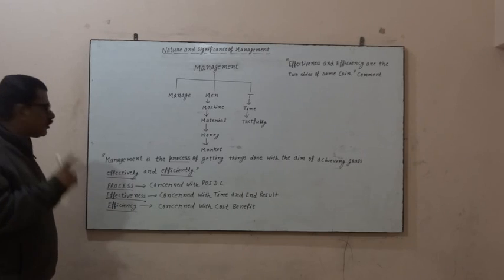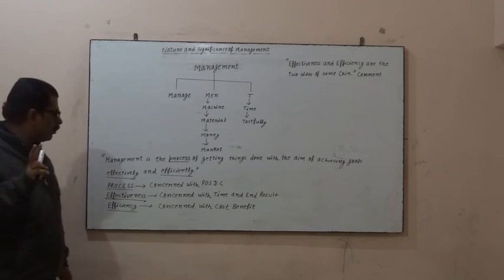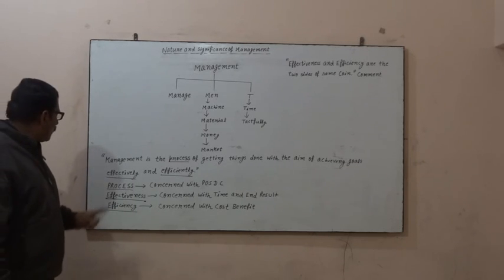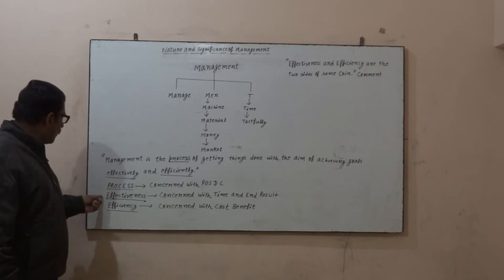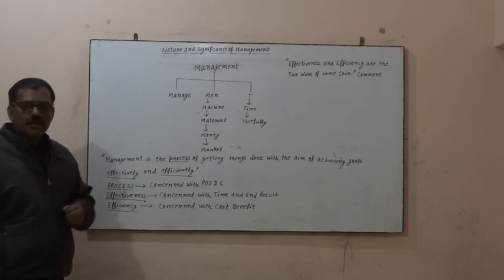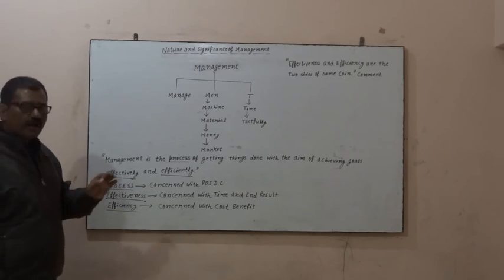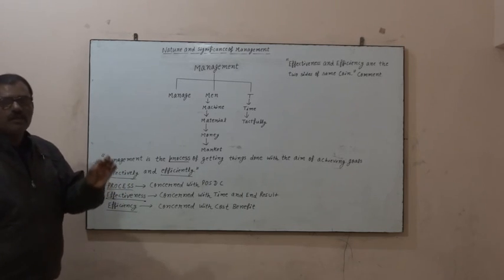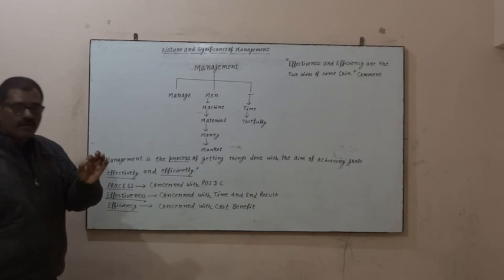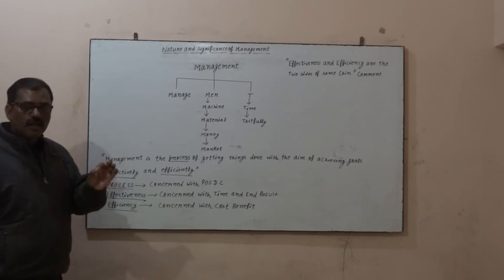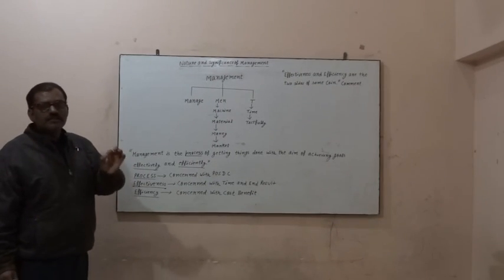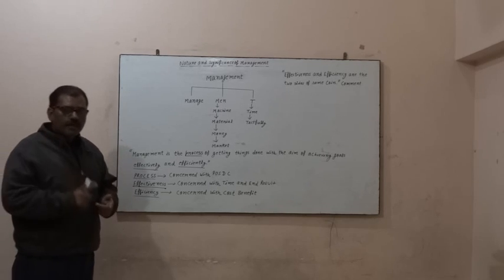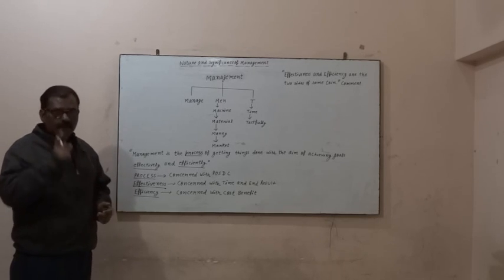So, two important points you need to keep in your mind while explaining effectiveness or efficiency in the examination. Effectiveness is directly concerned with end result. If a manager is able to achieve his target on time, it means that manager is effective.